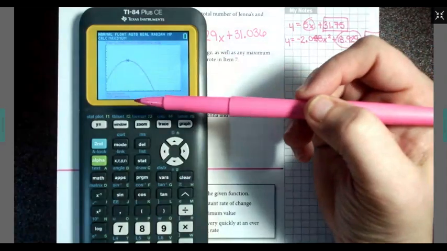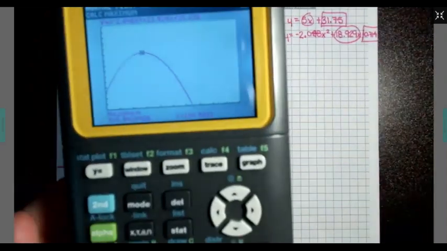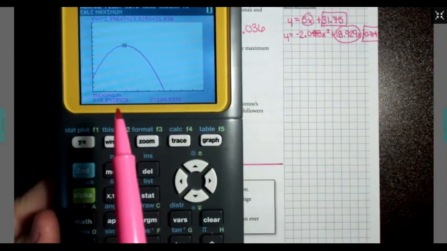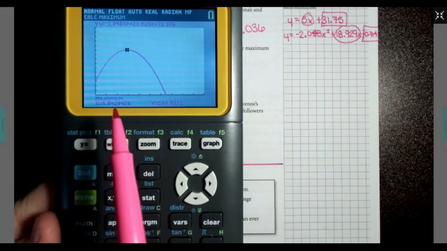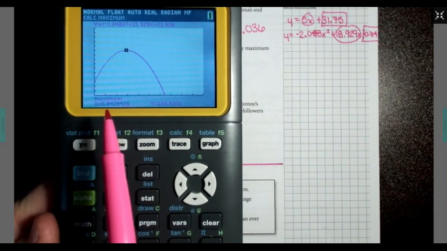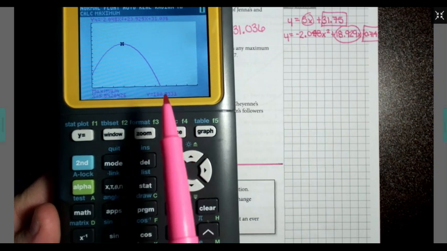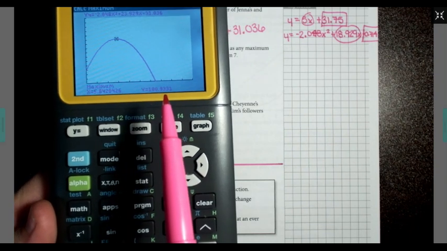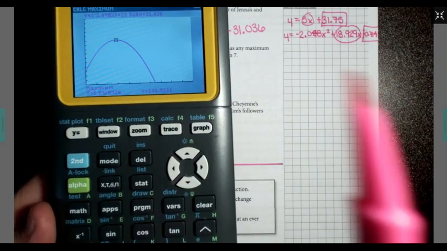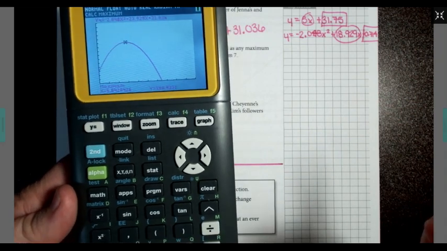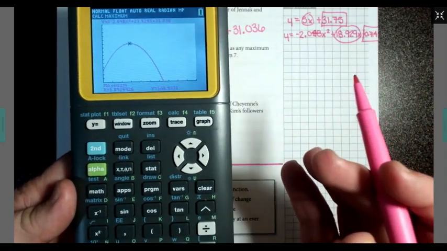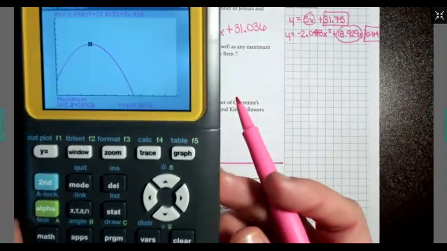And what this says, and it's kind of hard to see it, but it says at month 5.8, almost 6 months, there are 100.9331 followers. We would round that because obviously I can't have a part of a follower, right?